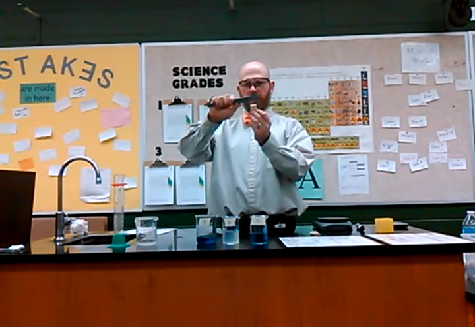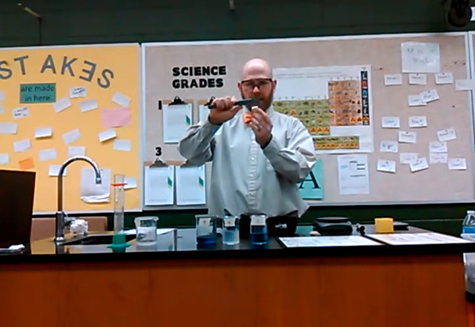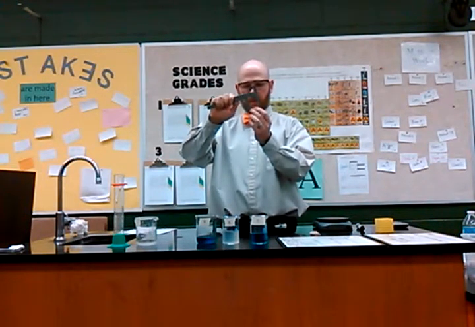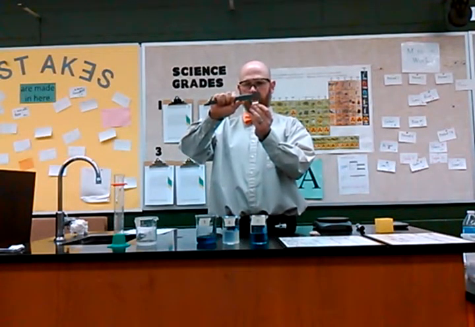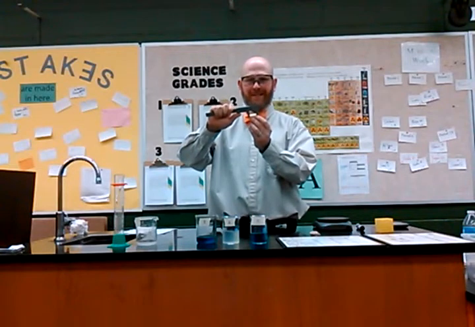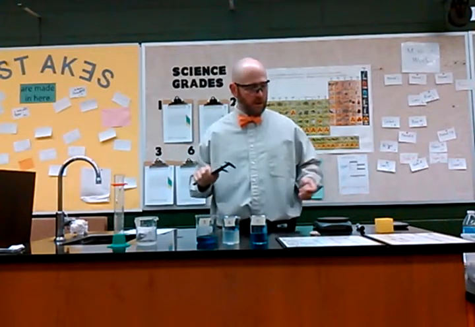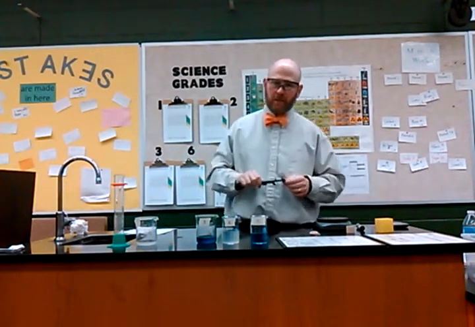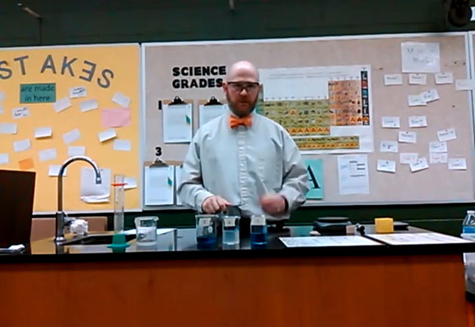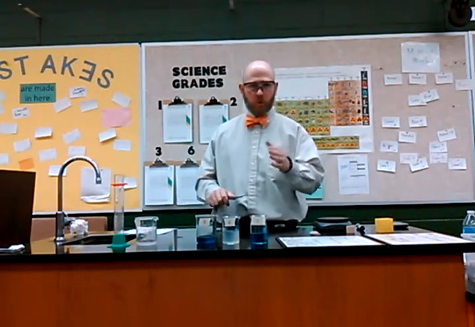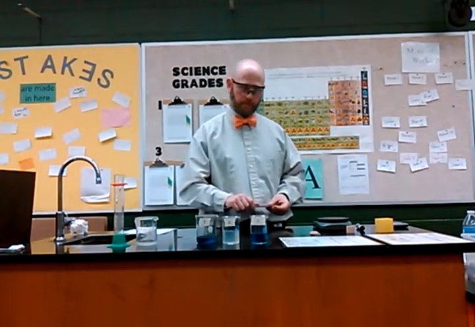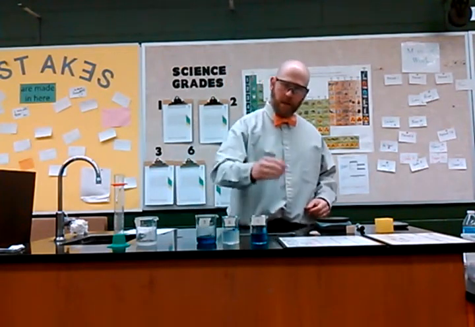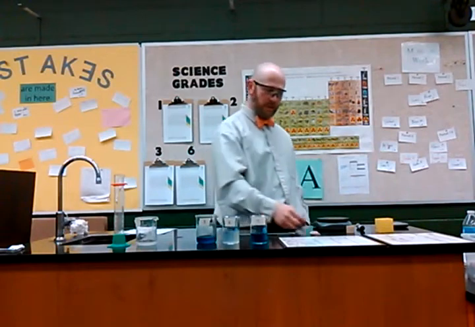Its width is 2.6 centimeters. Its height is 2.6 centimeters. So to calculate the volume of that cube, it's 2.6 centimeters times 2.6 centimeters times 2.6 centimeters. That will give us our volume in cubic centimeters.